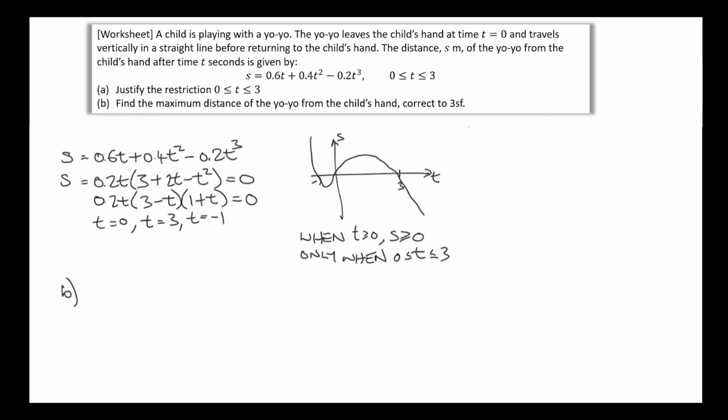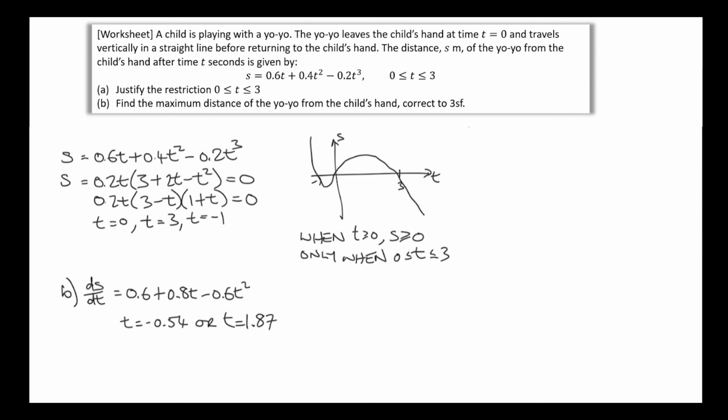So ds/dt is going to leave us with a quadratic. I've got 0.6 plus 0.8t minus 0.6t squared. Now we could try to factorize this, but really I'd like you to use the equation solver on your calculator or the quadratic formula, and we get two results. Either t equals negative 0.54 or t equals 1.87.